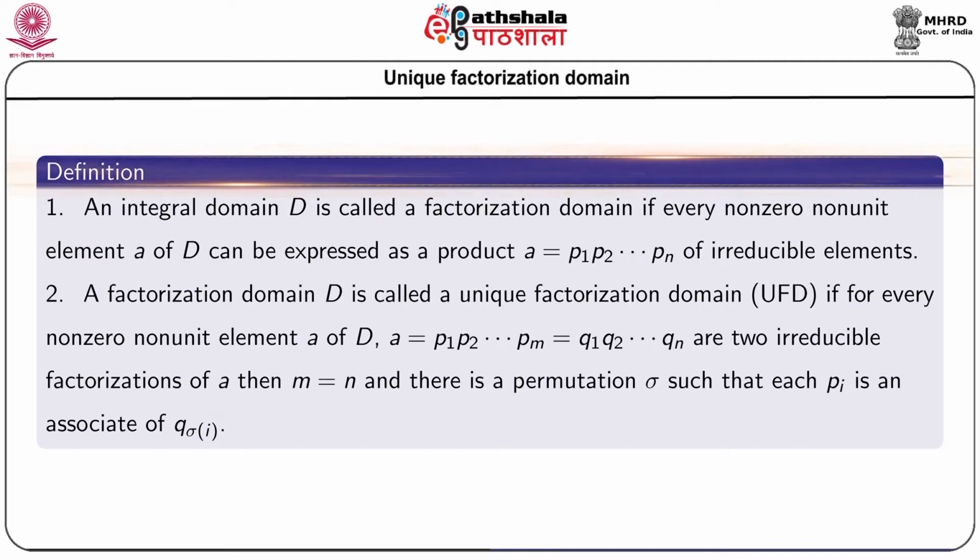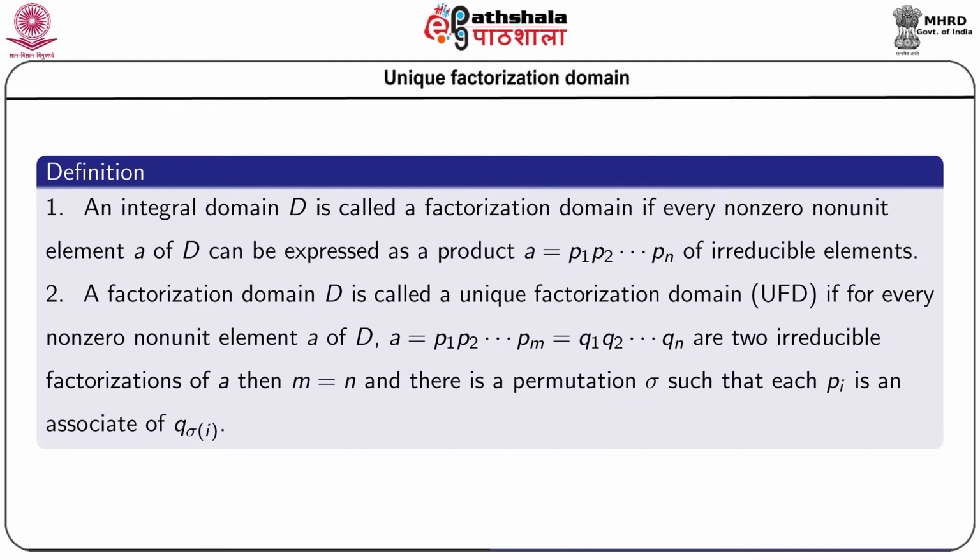An integral domain D is said to be a factorization domain if every non-zero non-unit element A of D can be expressed as a product P1, P2, up to Pn, where these Pi are irreducible elements in D. And a unique factorization domain is a factorization domain where such factorizations are unique up to associates and order of the irreducible factors.